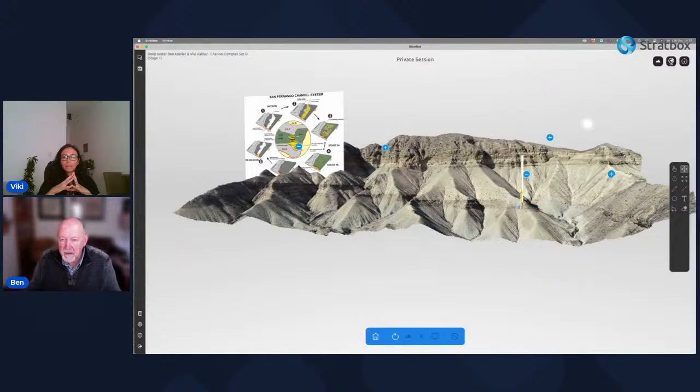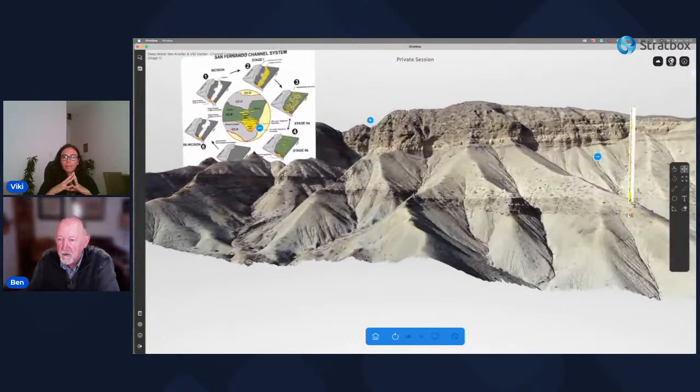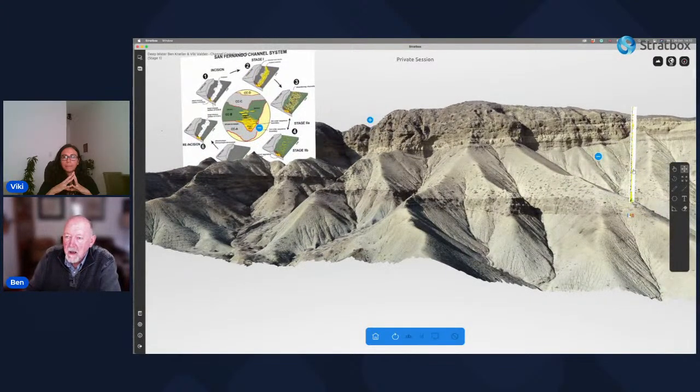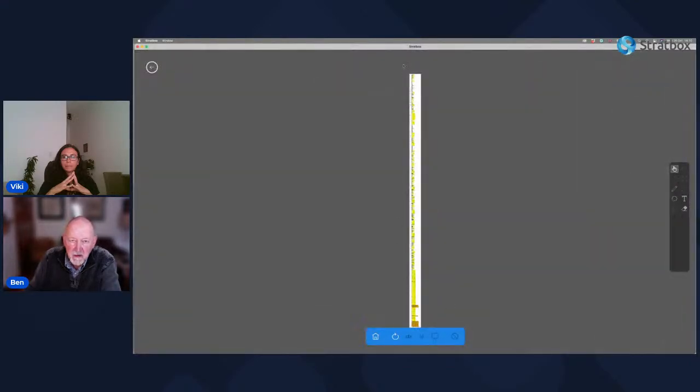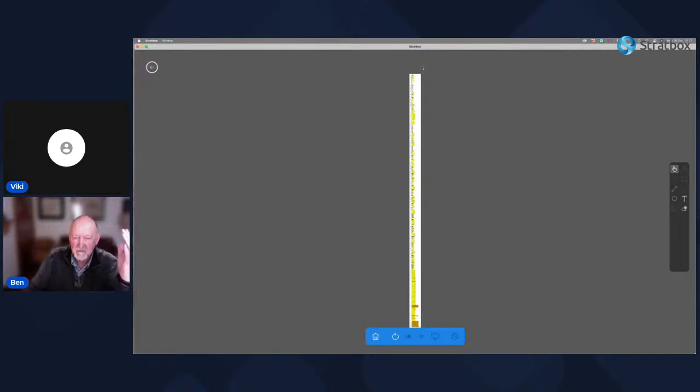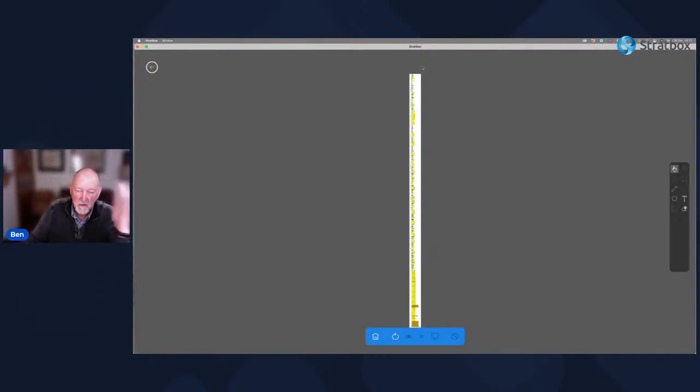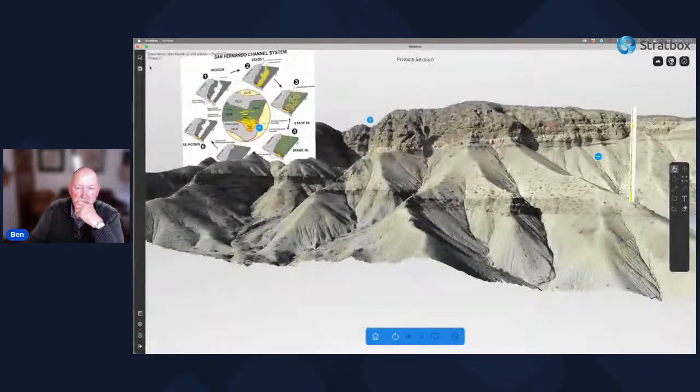We can actually compare that to the outcrop itself. And if we zoom into that, we'll see that actually there's a lot of sand in here. And that's a good indication of how much of the potential fluid reservoir is actually contained in the thin-bedded and fine-grained material. And that's not uncommon in these channel systems.